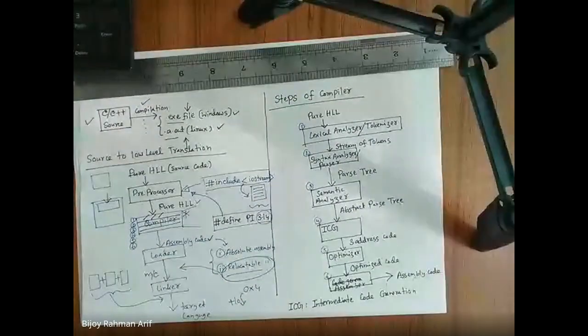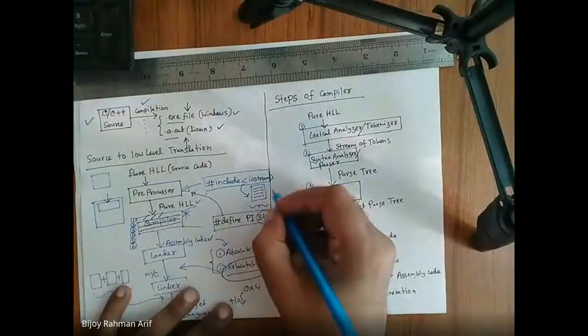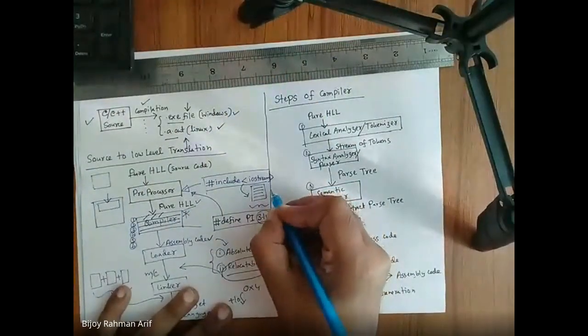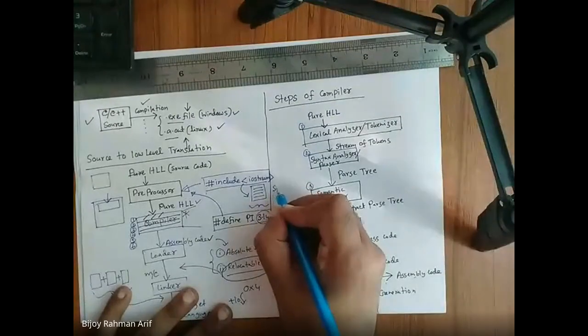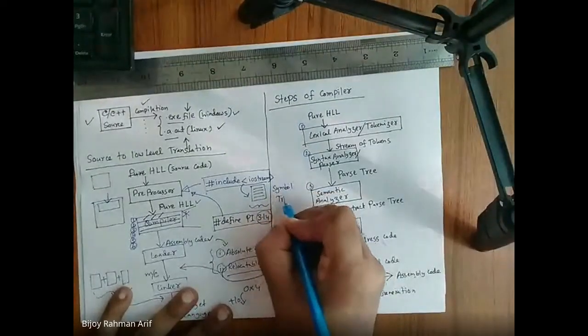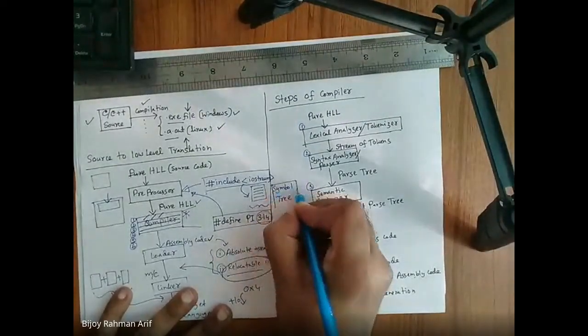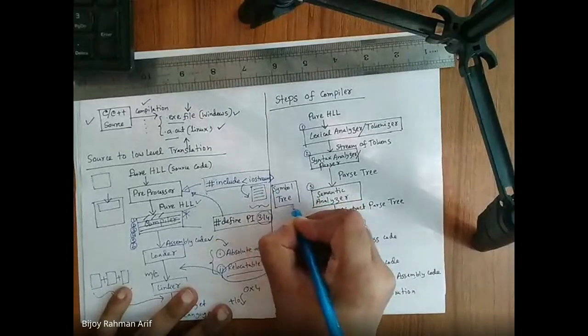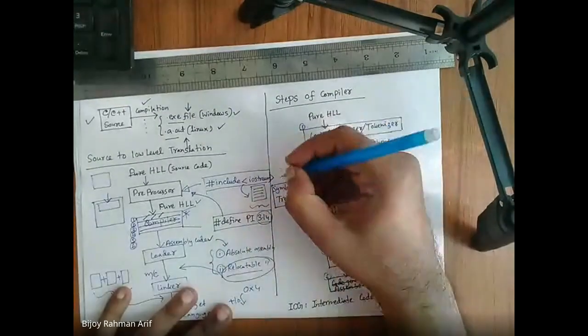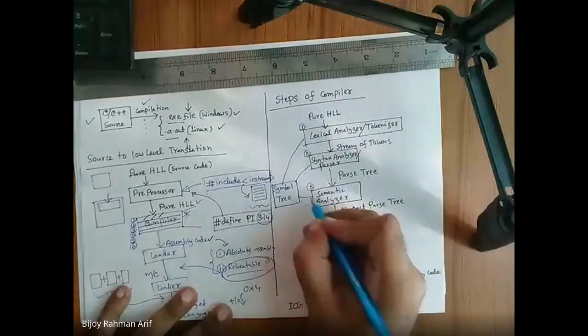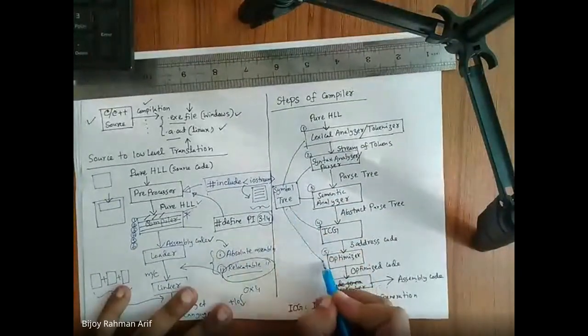For each step, there is a helping hand, which is nothing but the symbol table. It is a special type of data structure which is interacting with all the steps.